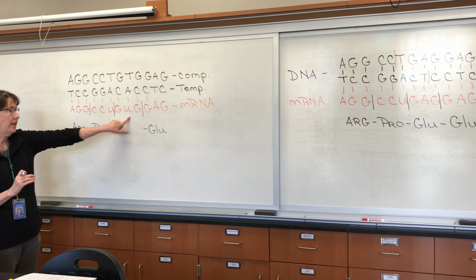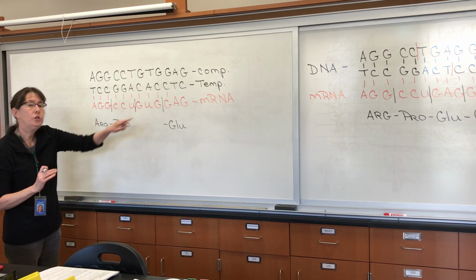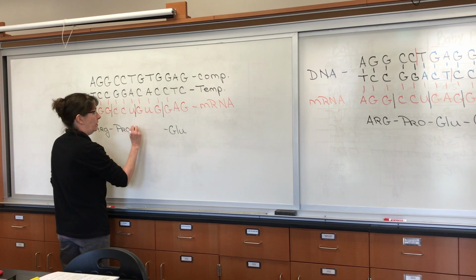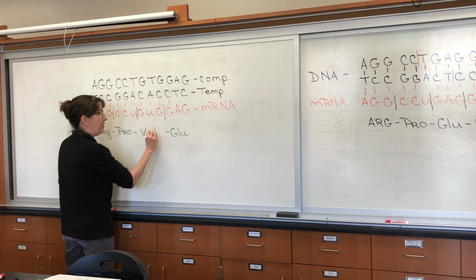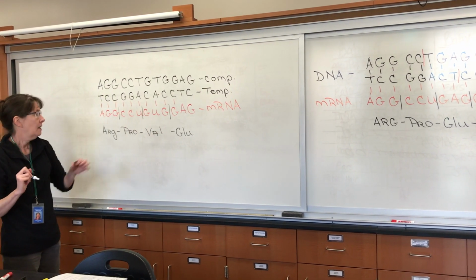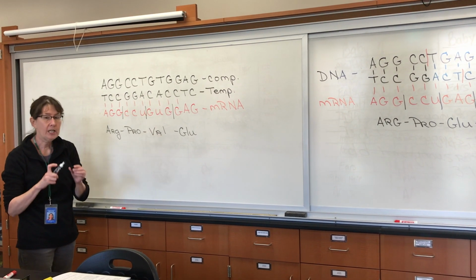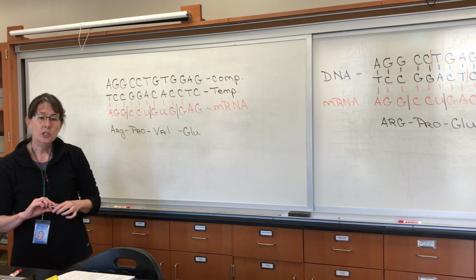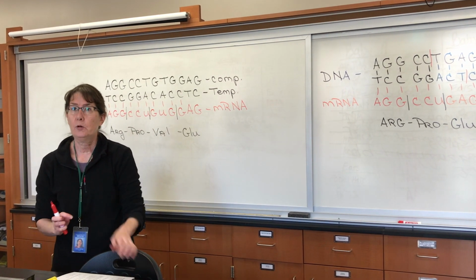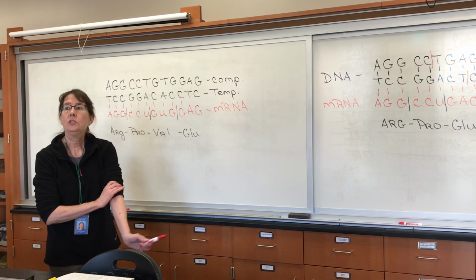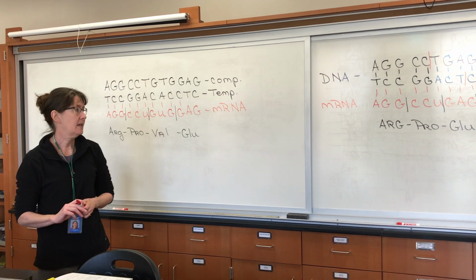This one has changed. GUG now codes for the amino acid VAL. Inserting VAL instead of GLU changes the shape of that hemoglobin protein, changes the shape of our red blood cells.